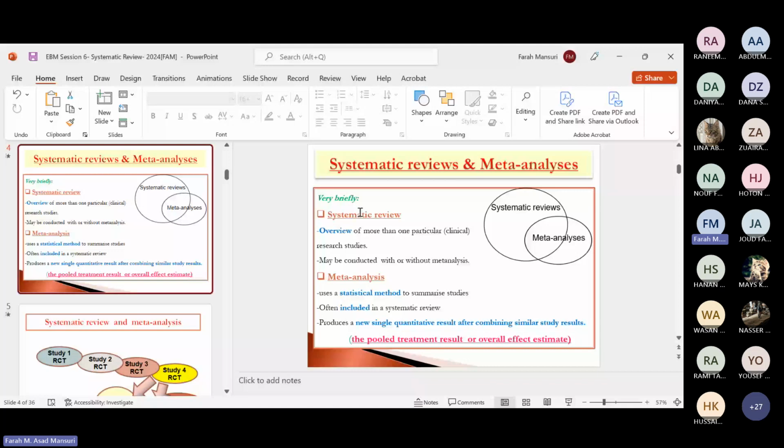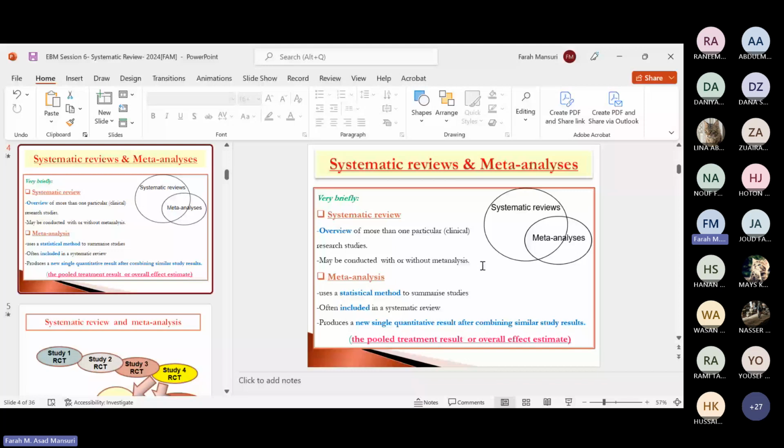randomized clinical trials. But a systematic review can be carried out of case control studies. A systematic review can be carried out of cohort studies. But the most important one is the systematic review of clinical trials, because mostly we are concerned about which treatment, which option is to be preferred.